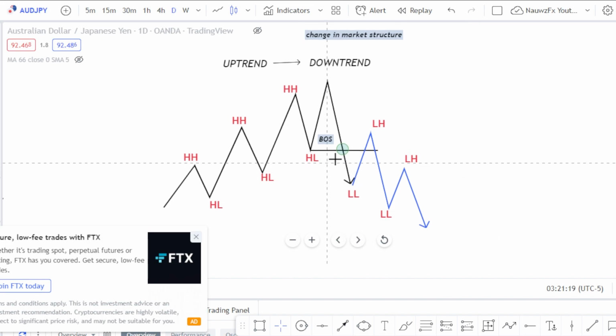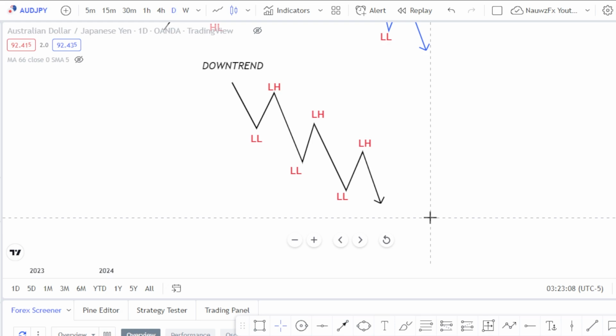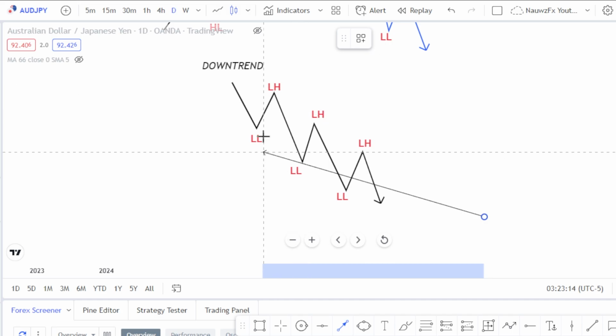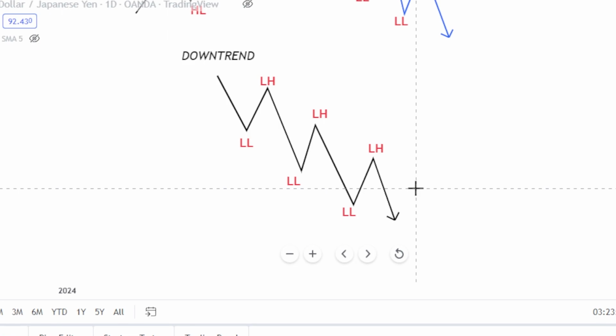So now we also want to take a look at a market that is actually trending. We know we are in a downtrending market once the market is making lower highs and lower lows. Now I'm going to show you what can happen. You guys remember we talked about the break of structure.